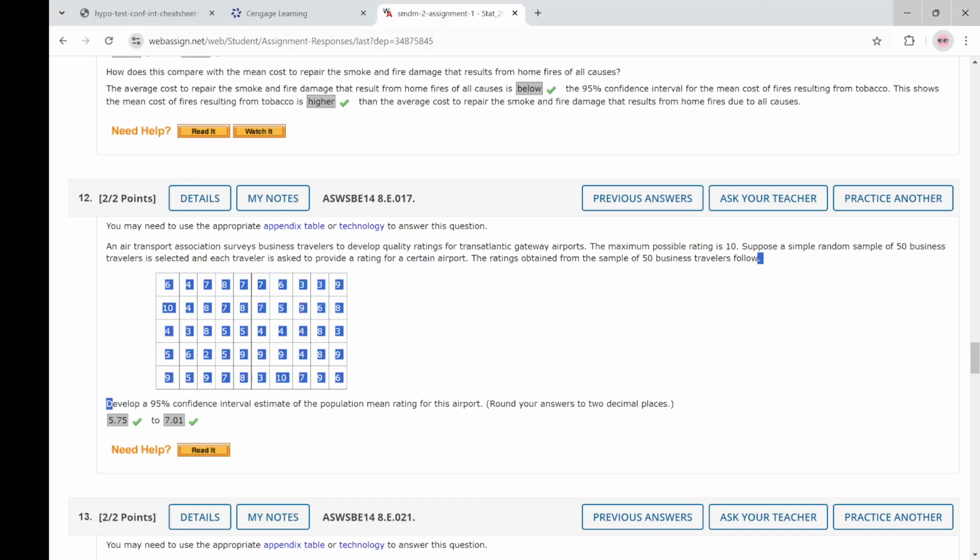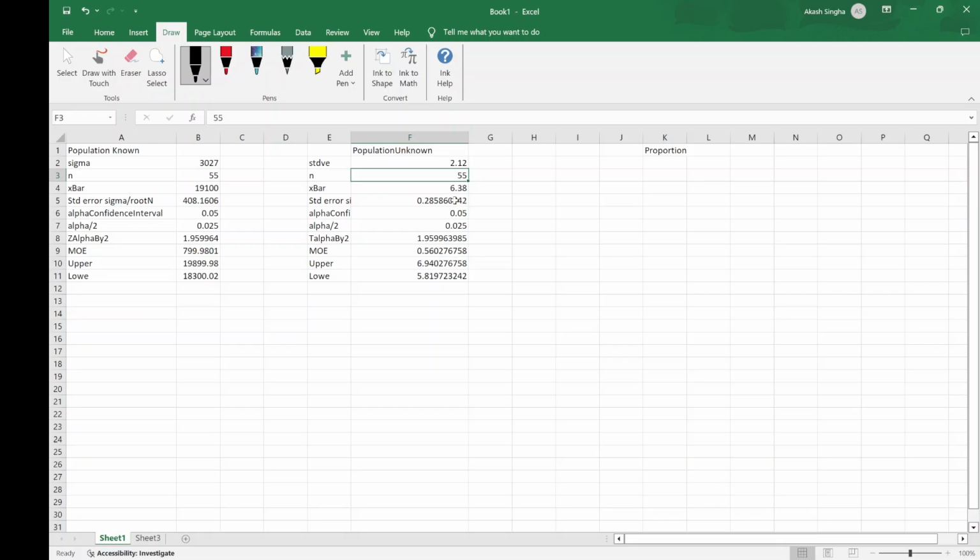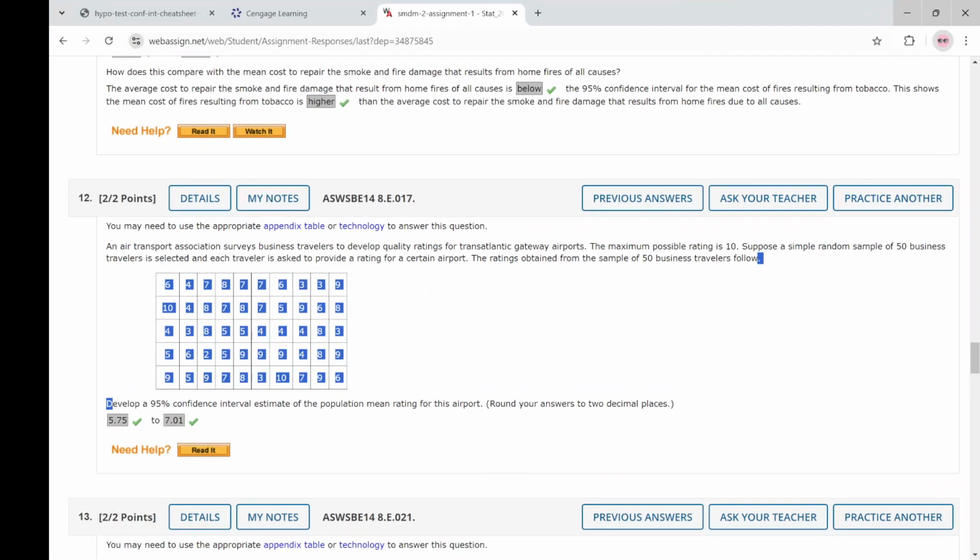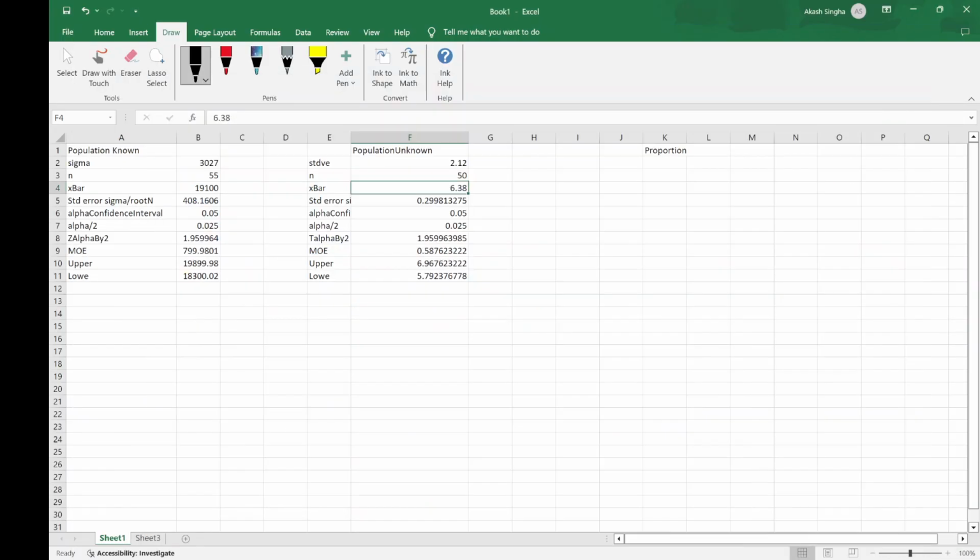Now n is the number of samples, which is 50. Standard error. Alpha is 95%, so 0.05.